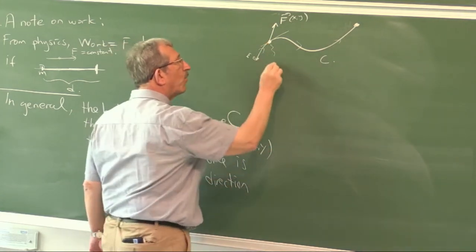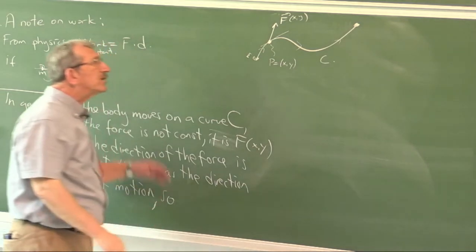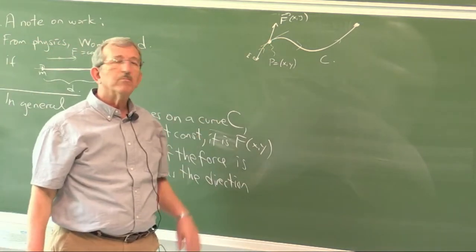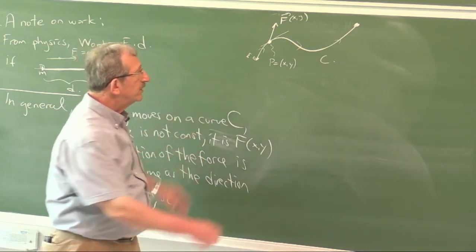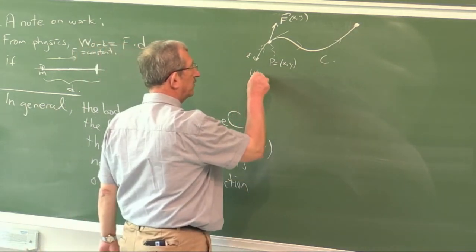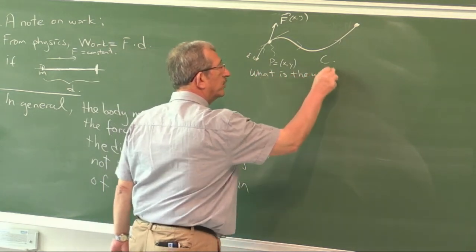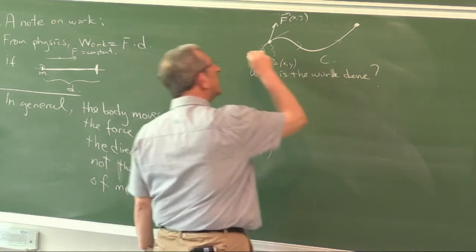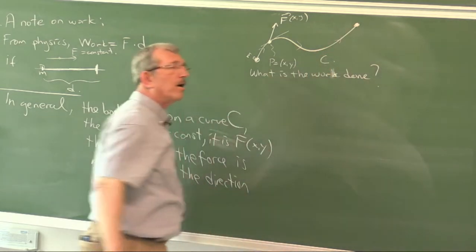If this is the point, xy. And the force is not in the direction of motion. There's an angle between them, okay? And the question is, what is the work done? If the body moves from this point up to this point on C.